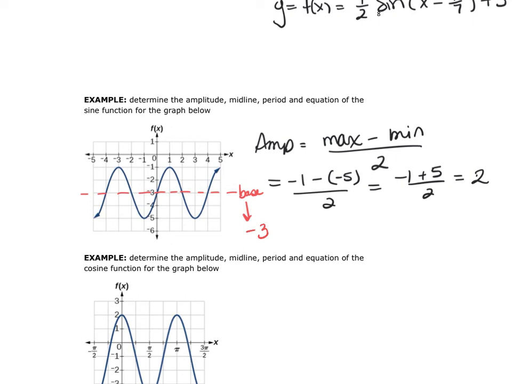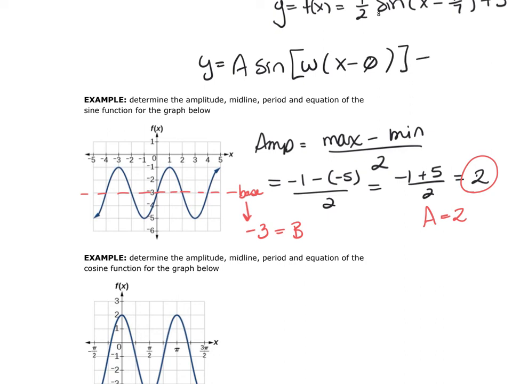So that is the -3. The fact that I have this amplitude of 2 tells me that the multiplier in front has to be 2. This is the b value, based on the fact that I am using y is equal to a, the sine of omega x minus phi, plus b.